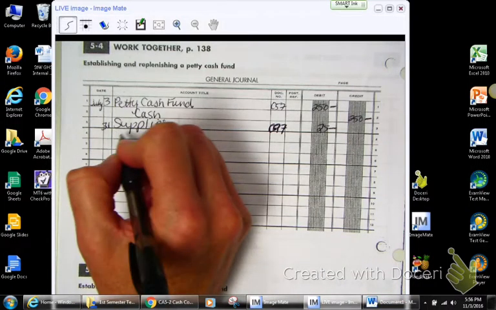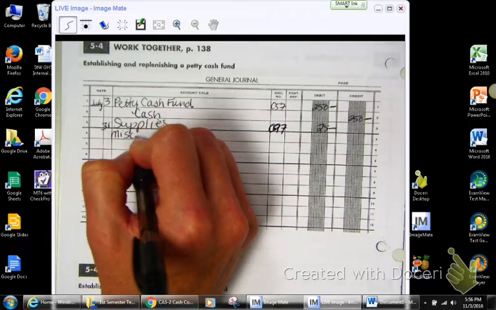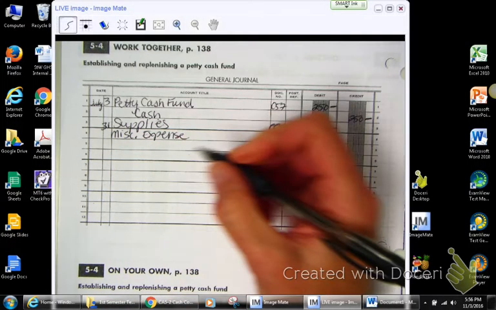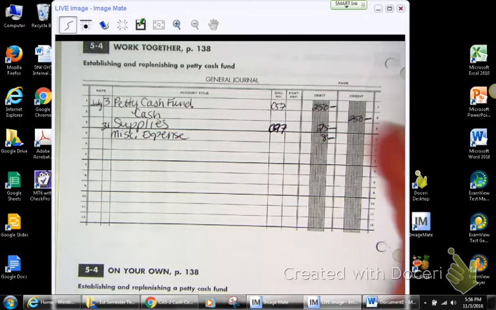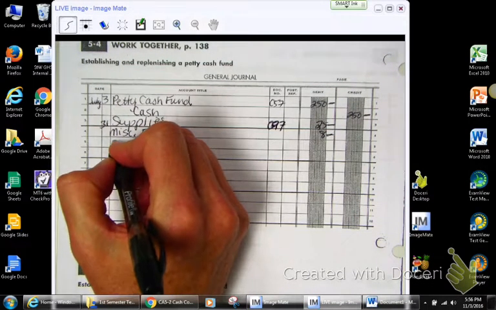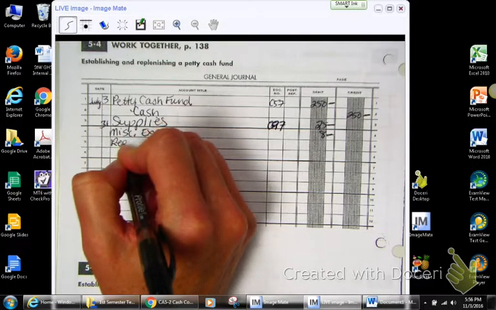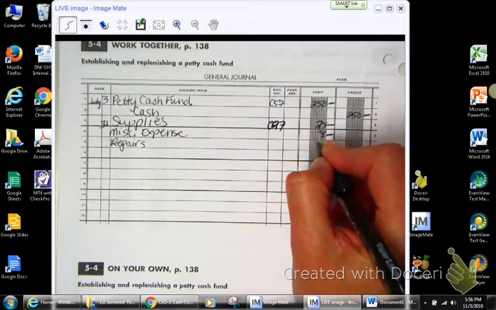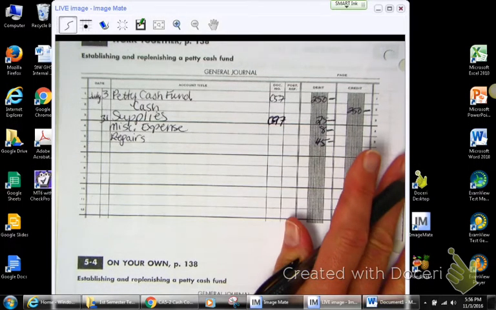Then we have miscellaneous expense. We used $8 to pay for some miscellaneous items. And then lastly, we have repairs. Maybe we had a repairman come in and do some work, and we had to pay him $45, so we just took it out of our petty cash box.